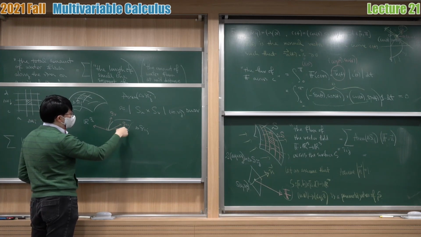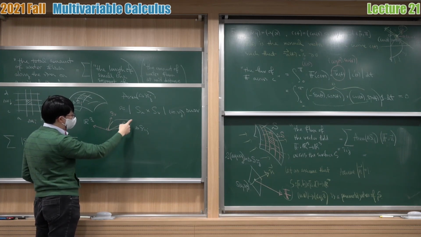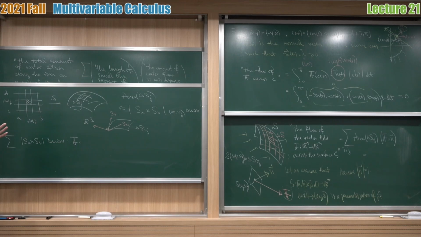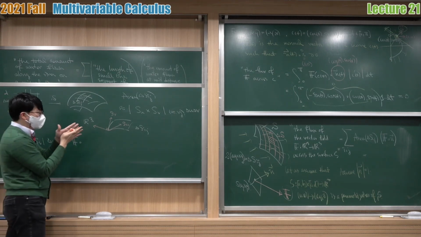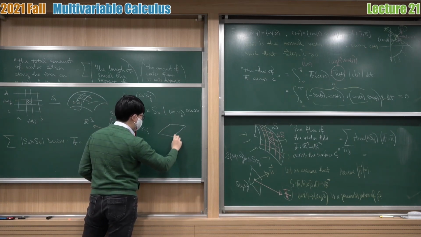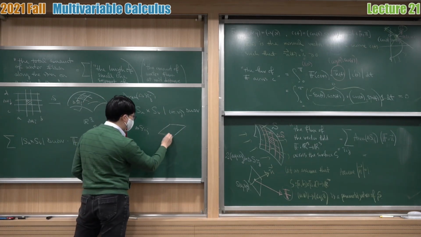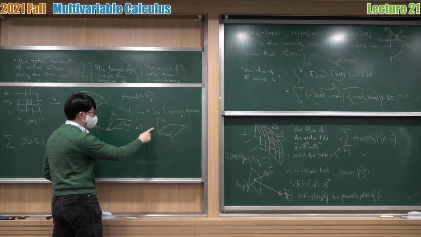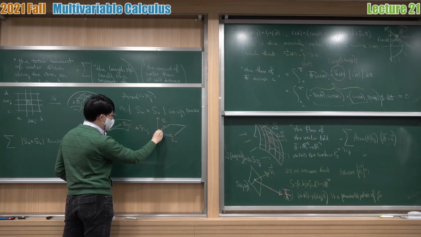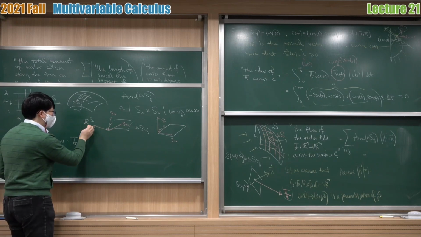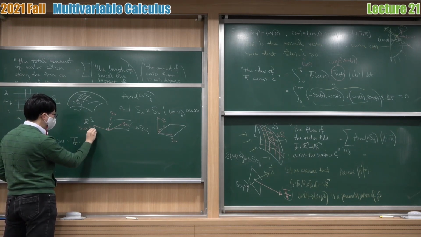Although I exaggerated this very small portion of the surface, it will always look like just a planar parallelogram. So if you think about the parallelogram, then you have the Su direction and you have the Sv direction. The normal direction to Sv and Su is going to be the normal direction of this parallelogram, right? So this is Su, Sv.